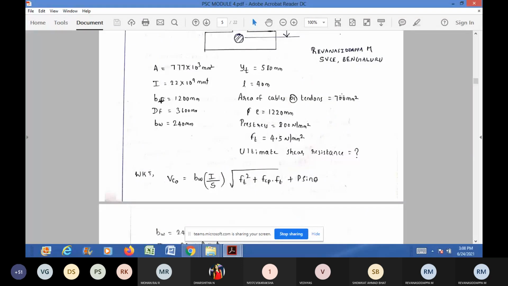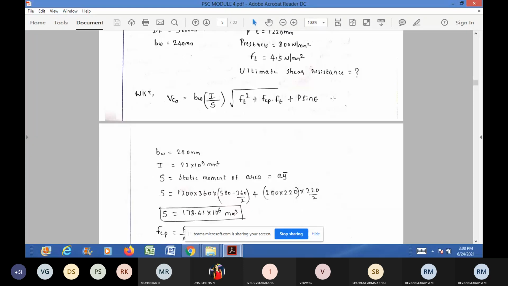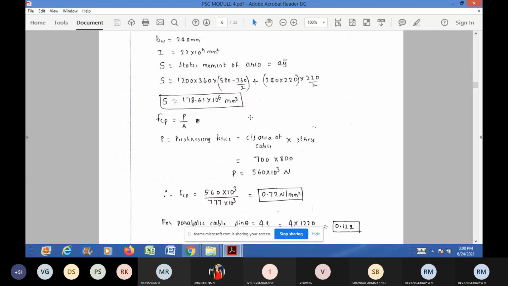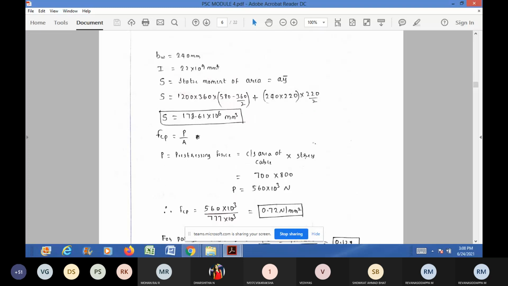Area multiplied by stress in the cable will give the pre-stressing force that you calculate. Pre-stressing force is equal to cross-sectional area of the cable multiplied by stress. Cross-sectional area is given as 700 mm square. Stress in the cable is given as 800 Newton per mm square.